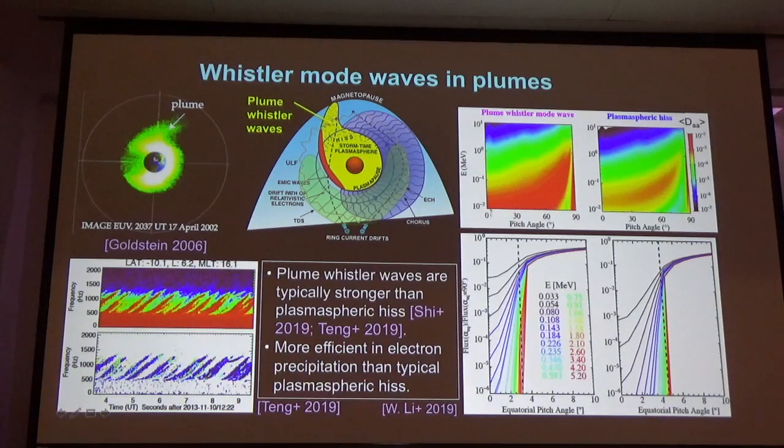And this is one example from the conjunction analysis between the Van Allen Probes and POES, which shows that plume whistler-mode waves are more effective in filling the loss cone, as you can see here, compared to the typical plasmaspheric hiss, and potentially very efficient in causing the electron precipitation.